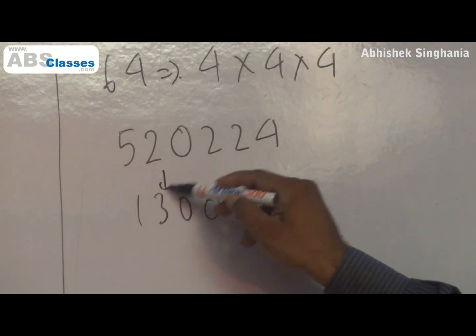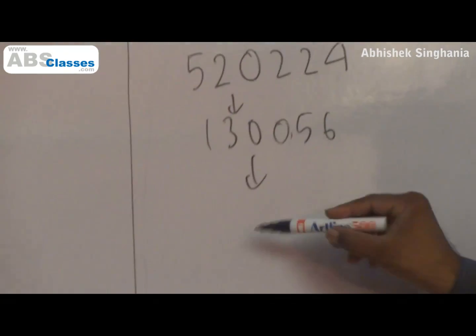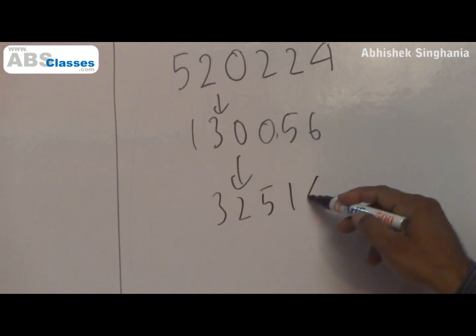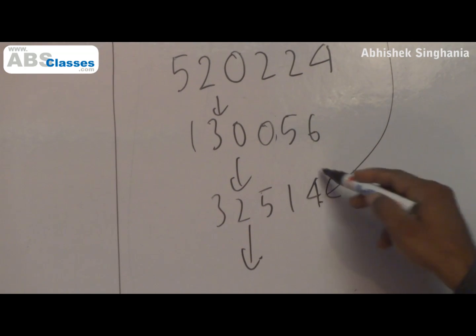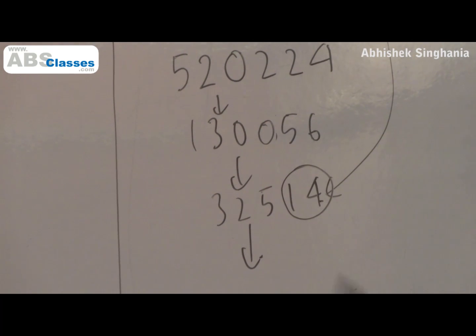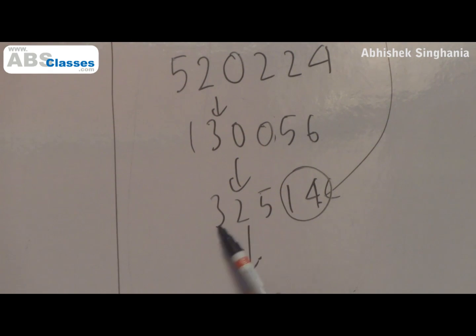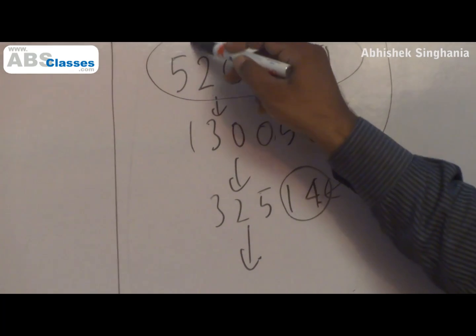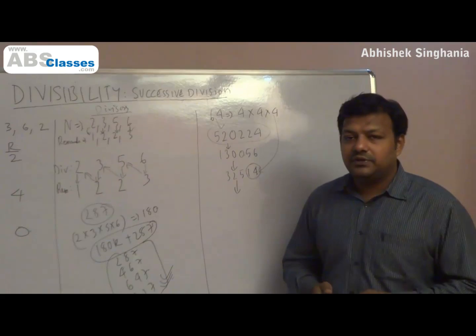This is one division. Now let's again divide it by 4. In this case we will divide the quotient by 4, not the original number by 4. So what do we get here? 32514. Now is it possible for us to divide it by 4 again? You see the last 2 digits? If we divide the last 2 digits by 4, we get a remainder not equal to 0. So this number is not divisible by 4, which means the original number is not divisible by 64. So successive division can also be used here. Alright, that is more or less what we will do in successive division. Thank you.